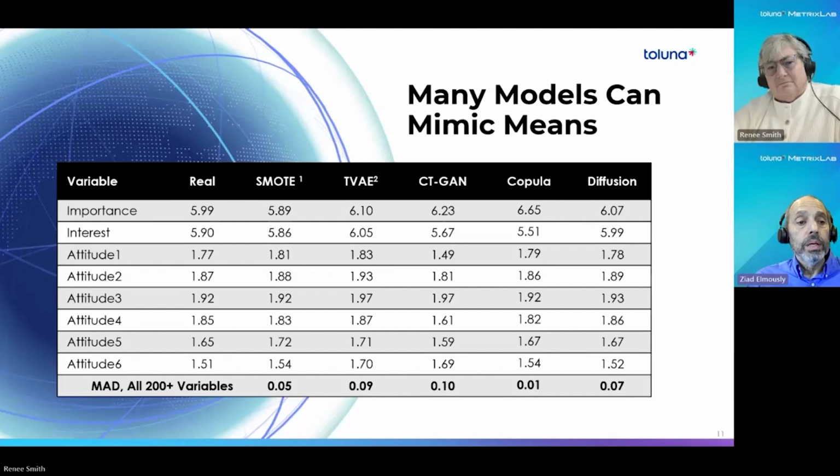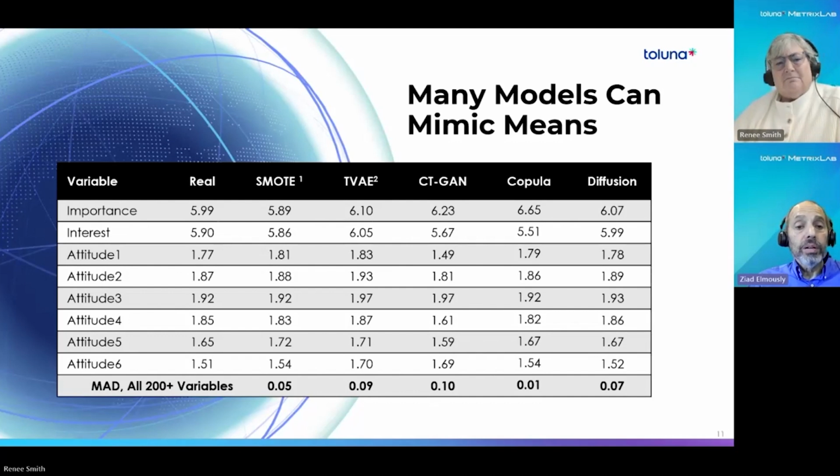So the table here depicts the means for 2 ratings on a 1 to 7 scale and 6 binary category attitudes using 1-2 coding, where 1 means yes and 2 means no. And we report these means for the real and synthetic data generated using these 5 methods.